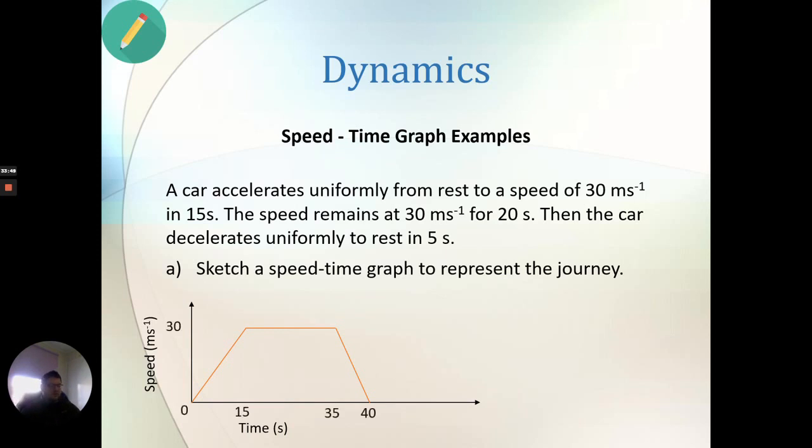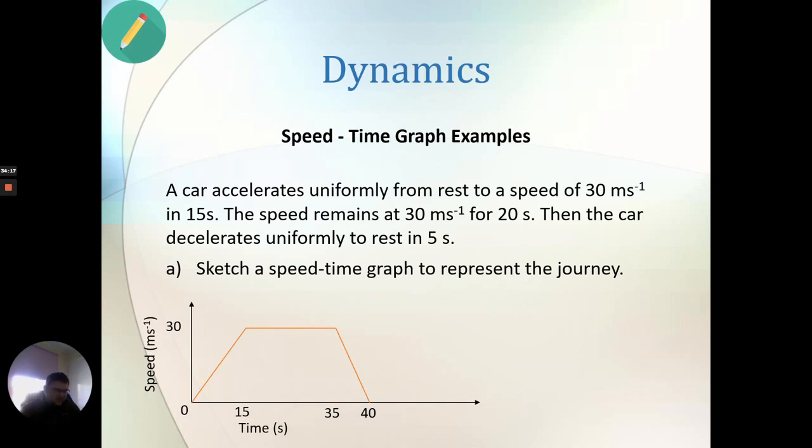So the numbers we need to include are on the axis for time, 0, 15, 35 and 40. And on the speed axis we need to include 0 and 30. So 0 is just there as the origin. And then we can check that it does what it's telling us. So it accelerates uniformly, so a straight line going from 0 to 30 meters per second as a speed in 15 seconds.